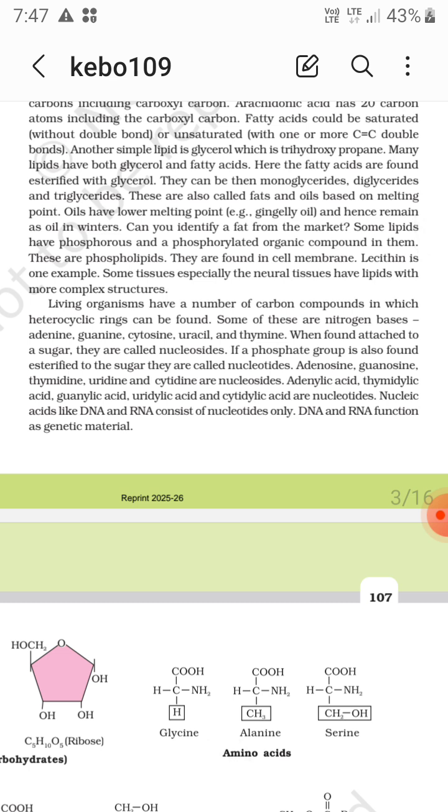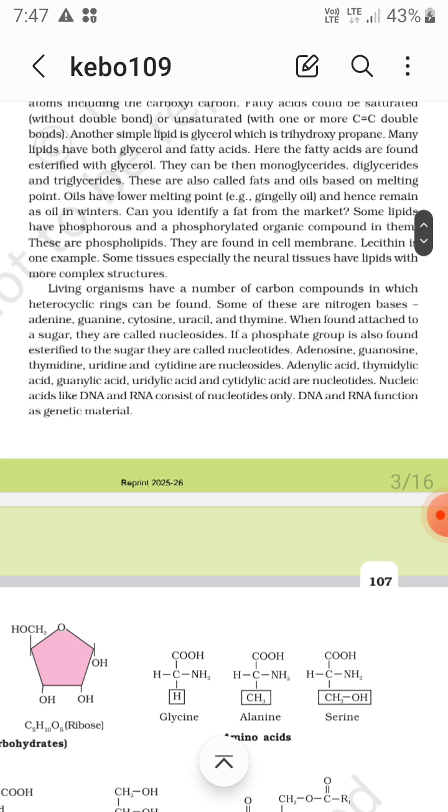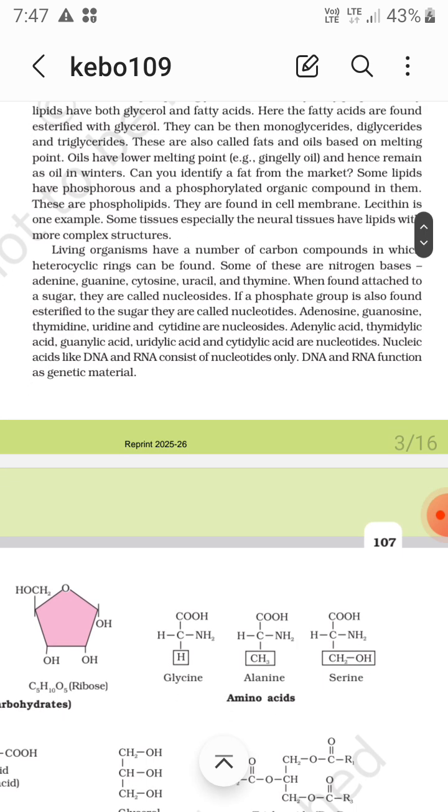Now living organisms have a number of carbon compounds in which heterocyclic rings can be found. Some of these are nitrogenous bases: adenine, guanine, cytosine, uracil, and thymine. When these nitrogenous bases are found attached to a sugar, they are called nucleosides.